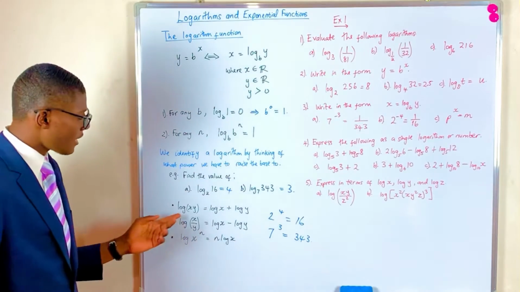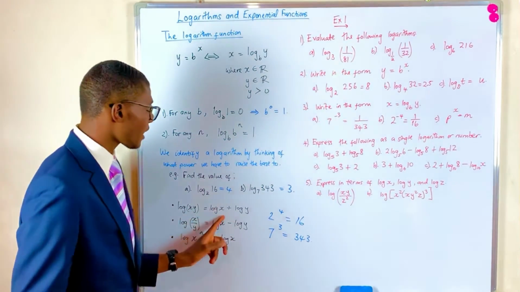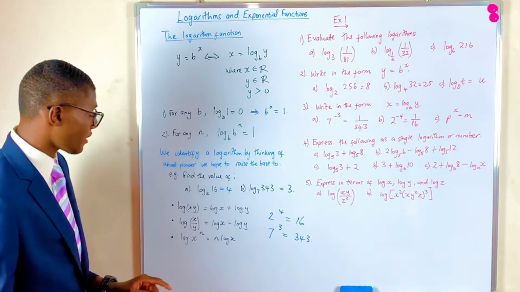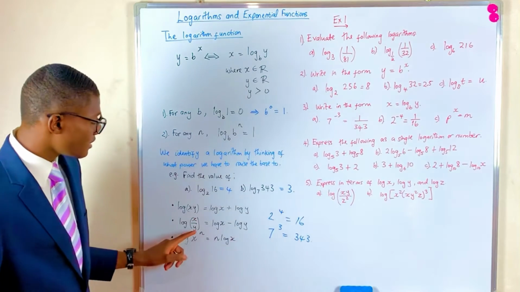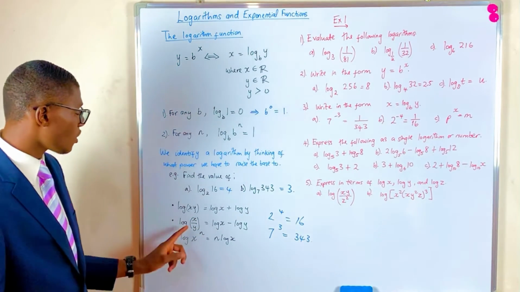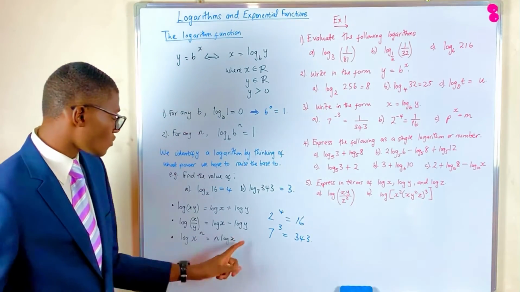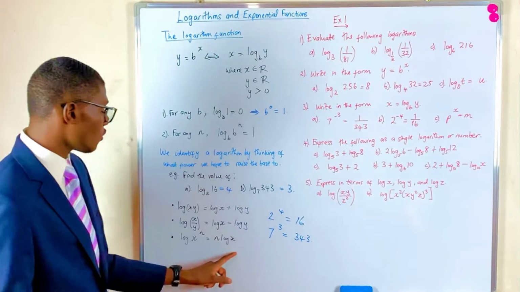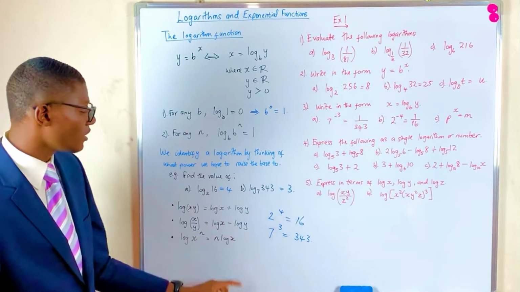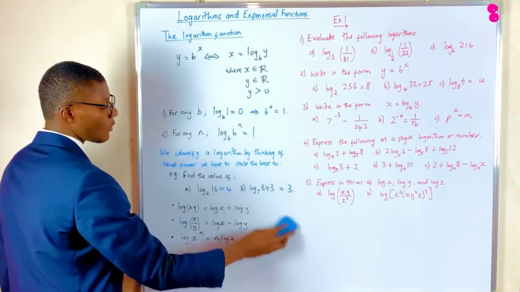So log xy is the same as log x plus log y. Multiplication becomes addition, and division becomes subtraction, so log of x over y would be equal to log x minus log y. The log of x to the power of n would be n log x, so I'm just dropping the power to get n log x. And like I said, these apply for any base.